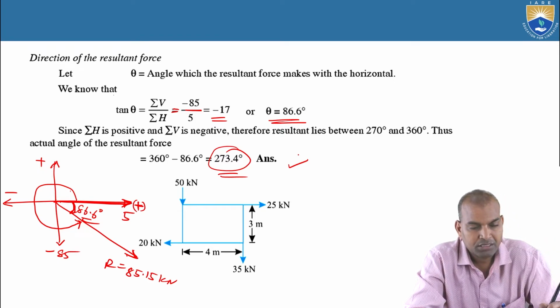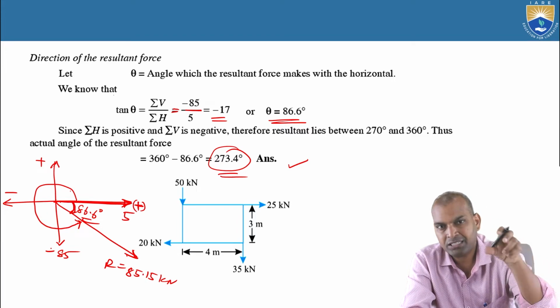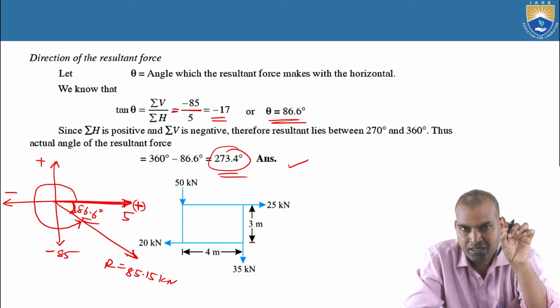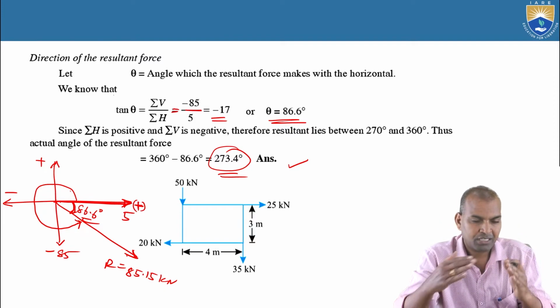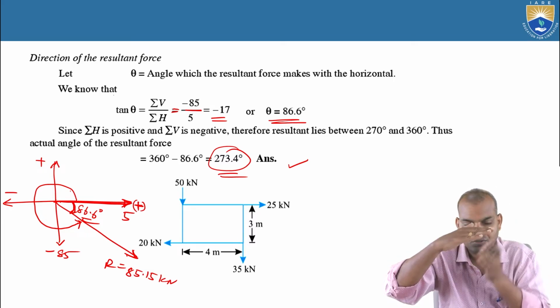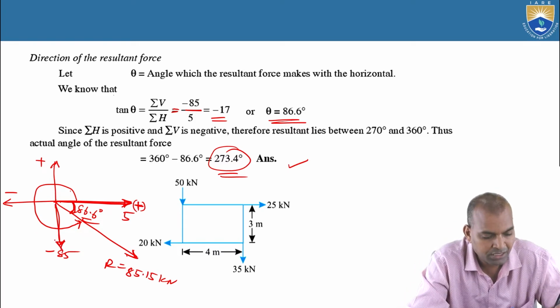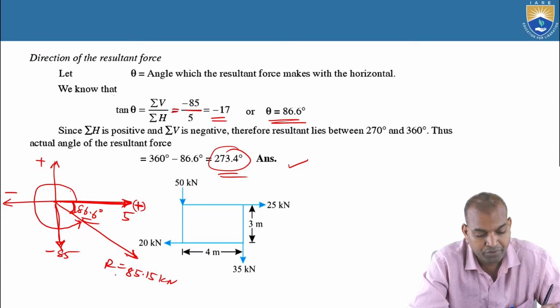So here sigma h is positive and sigma v is negative. That means the resultant force will be between 270 degrees and 360 degrees. 360 degrees is again positive x and 270 is the negative y, so it is the fourth quadrant.